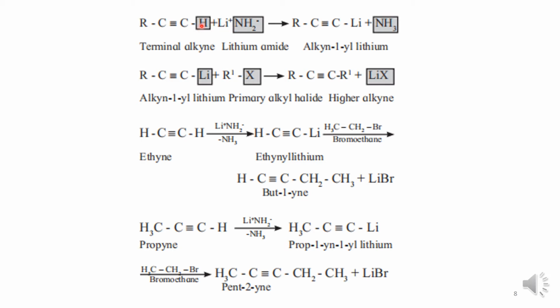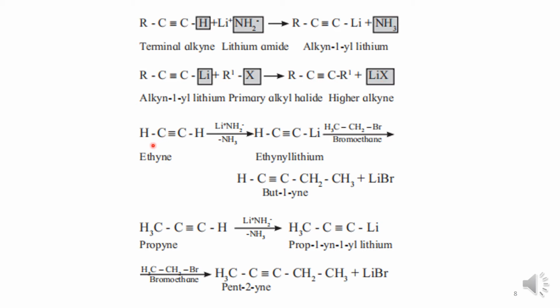Hydrogen comes out from the terminal alkyne and reacts with NH2 to give ammonia, and lithium is bonded with this carbon atom to give alkynyl lithium. This compound is then treated with any alkyl halide. You will get a higher alkyne along with the formation of lithium halide.